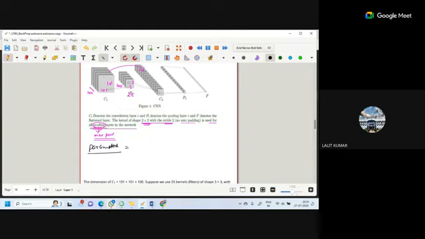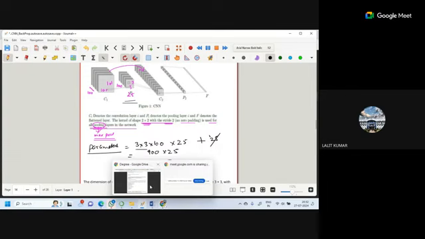Parameters will become 3 into 3 into 100 into 25 plus bias. Bias would have been 25, but there is no bias. So this will become 900 into 25, 22,500. So these are the parameters here. Okay, now we go to the next question.